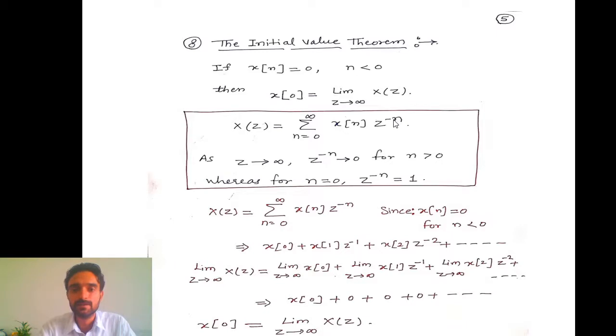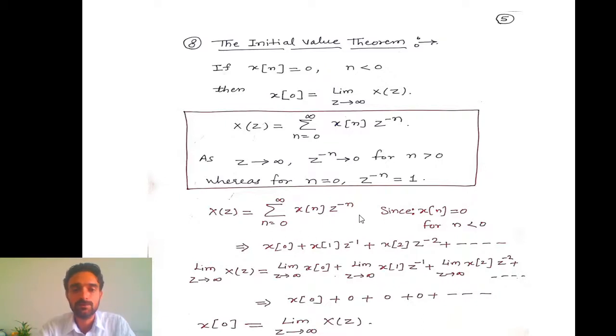Z to the power minus n means 1 upon z to the power n, and if z equal to infinity, then the whole term is equal to 0 for n greater than 0, right? Whereas for n equal to 0, z to the power minus n equal to 1. Okay, so X of z equal to the z transform of x of n, since x of n equal to 0 for n less than 0.